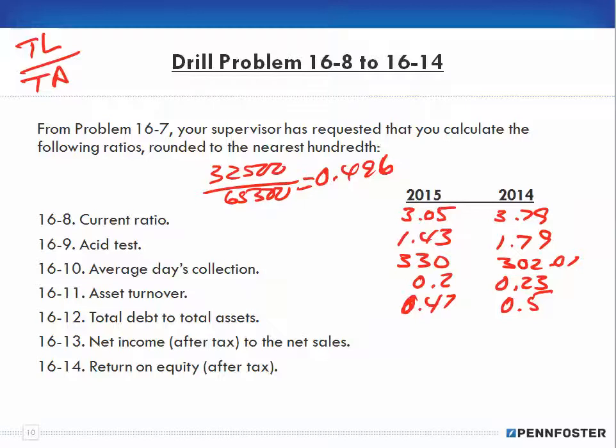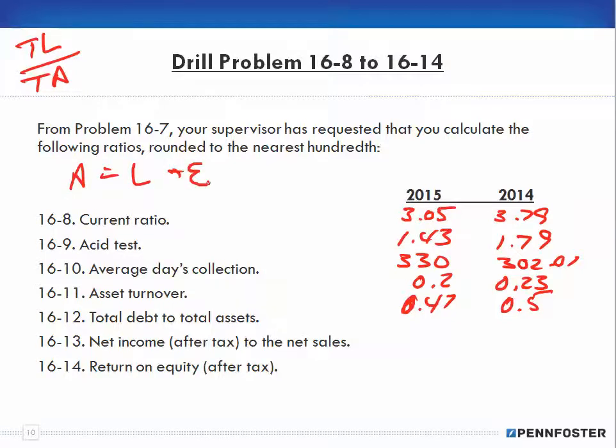Okay, so basically what you're saying here is, what's my debt to asset ratio? And obviously, if I get to a point where I'm at 1-to-1, then I have no equity in the company, because remember, assets is equal to liabilities plus equity, right?